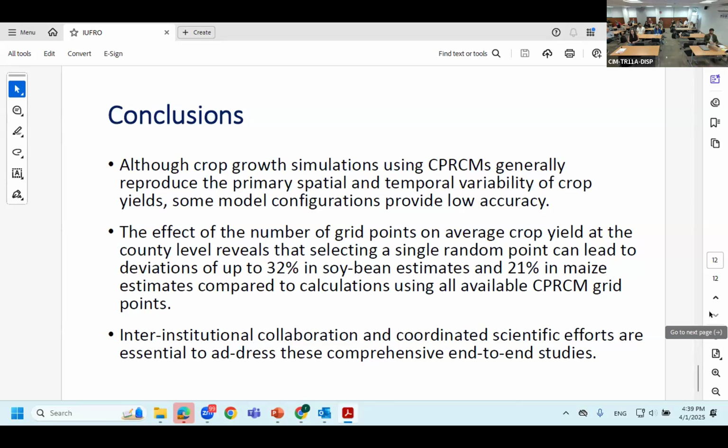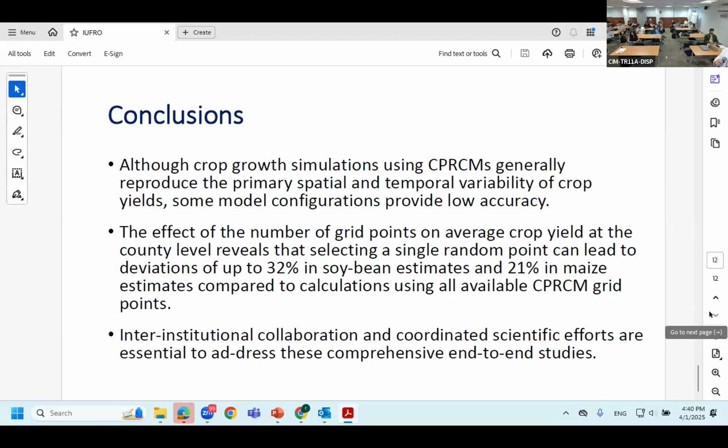This is kind of important because many crop model users sometimes just pick up just 1 point in a county, or sometimes use the FAO zoning. That's worse. Then you take like 100 counties in a zone, and just pick up one weather station. And this can give you a lot of deviation, especially if you're going to use high resolution climate models. So the idea is, if possible, run more points than just 1 point.